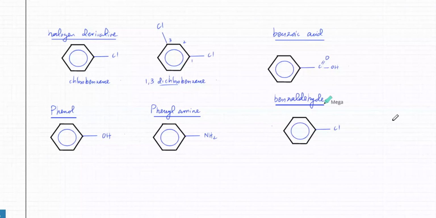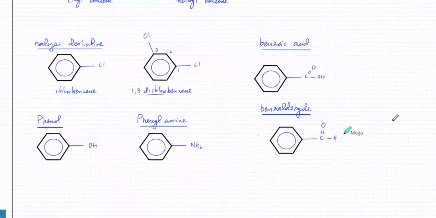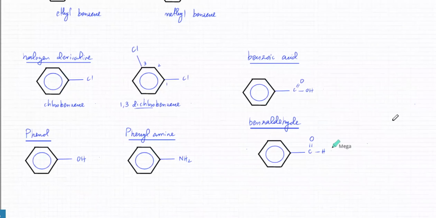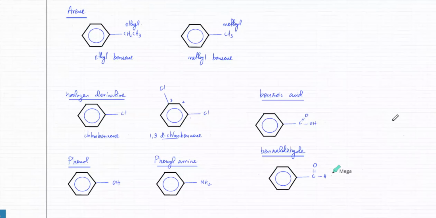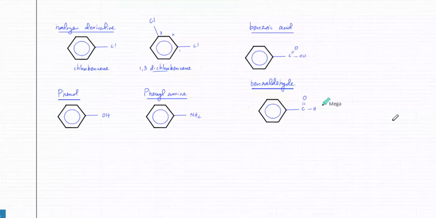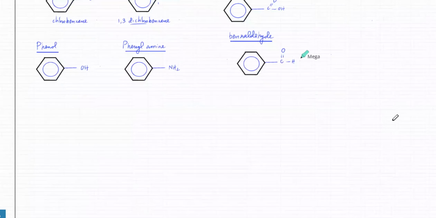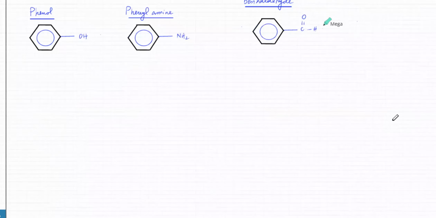So instead of the Cl, there's going to be an aldehyde group. Okay, don't worry too much about naming. Is there anyone I'm missing? I think that's pretty much it. Okay, you don't have to go into that much detail. What I'm going to go into detail about is this thing.